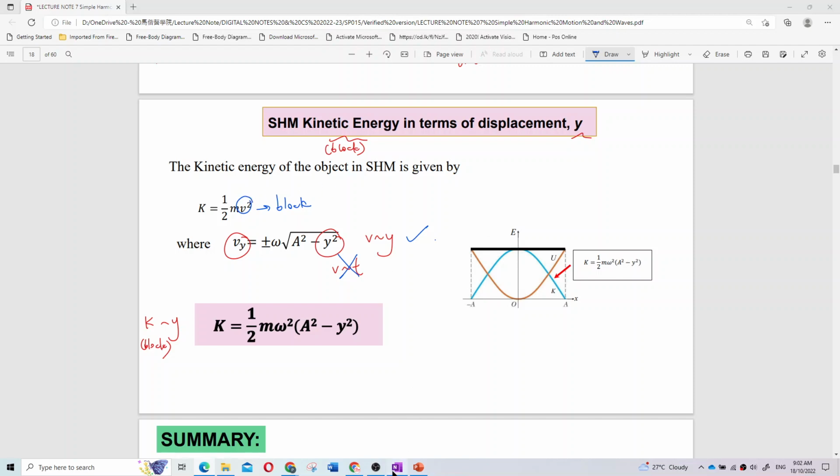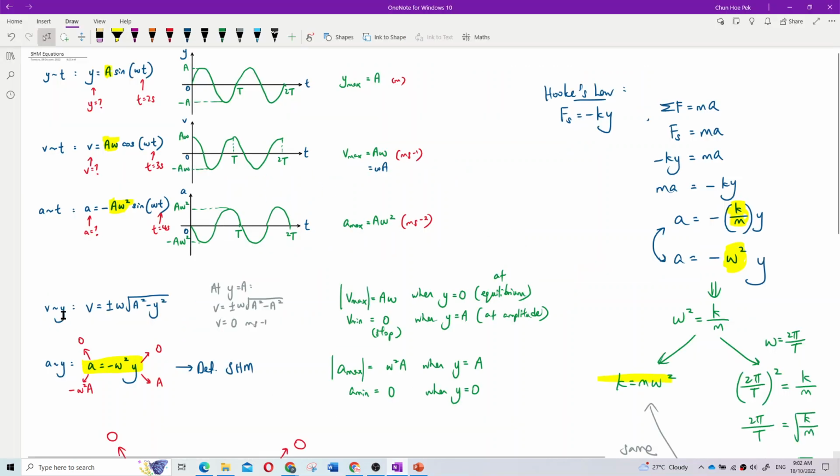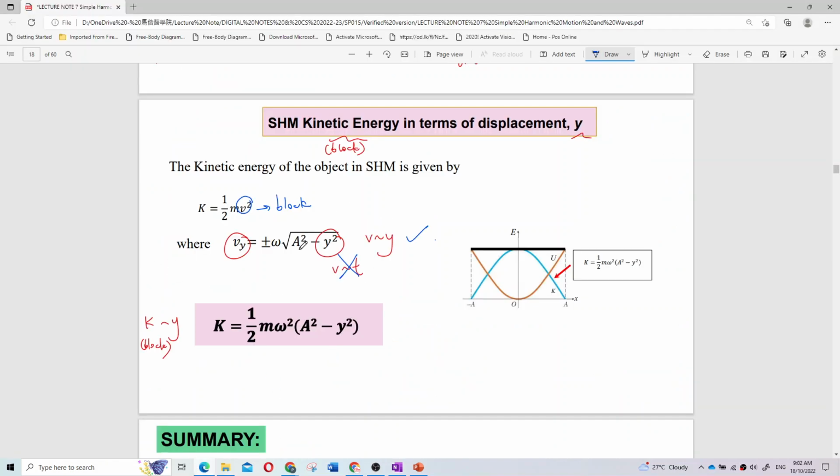We use the v versus y equation. Just substitute it inside. Then v is changed to y, and we get the equation of kinetic energy versus y.